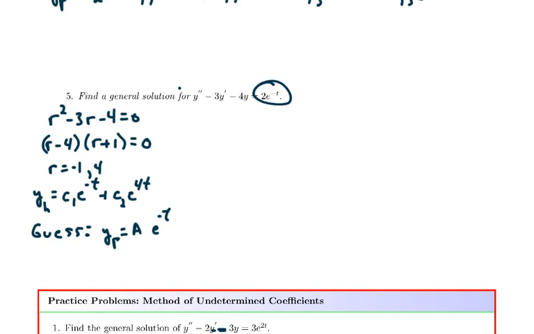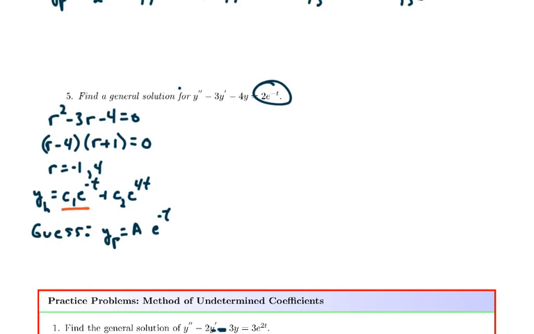However, I already see in the homogeneous solution that a coefficient times e to the negative t is part of the homogeneous solution, which means if I plug something of that form into the differential equation, it will give me 0, because that's what it means to solve the homogeneous equation. So it can't be a e to the negative t.